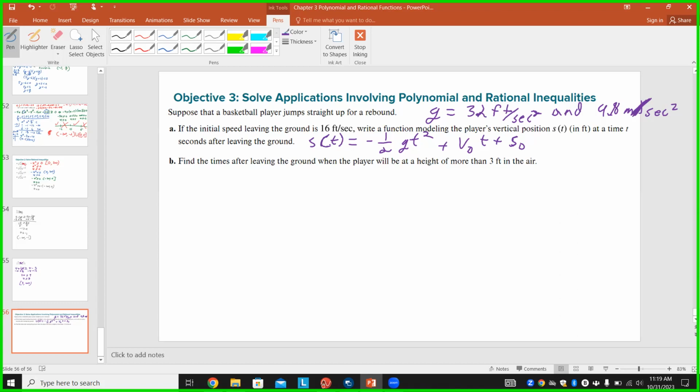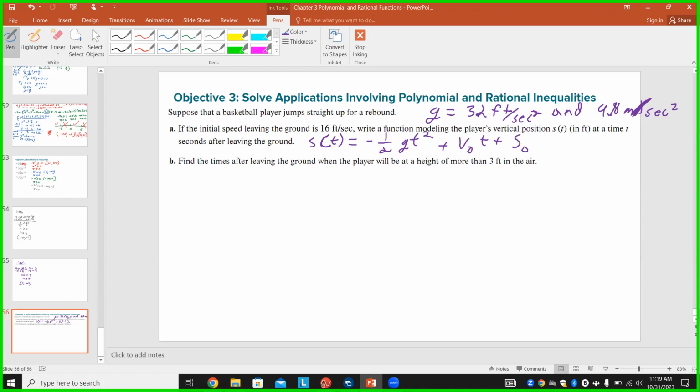So depending on whether your units are in feet or meters will depend on which number you use. Yes, S0 for initial height.